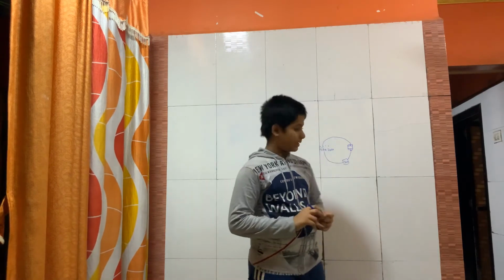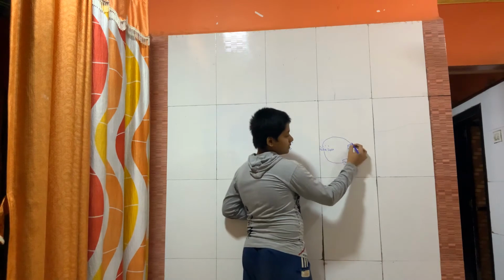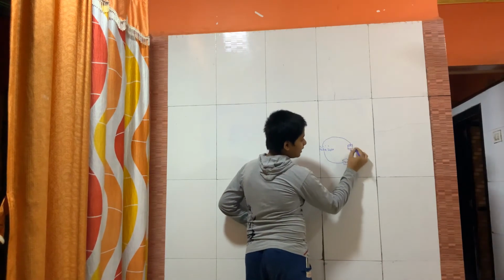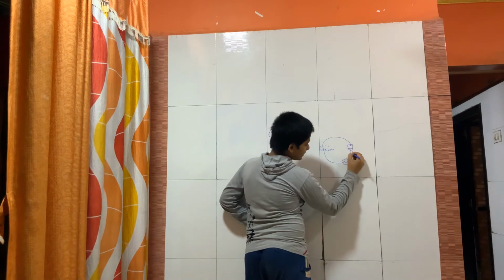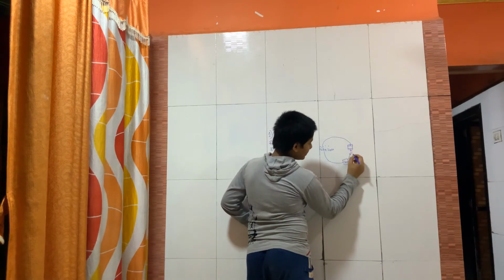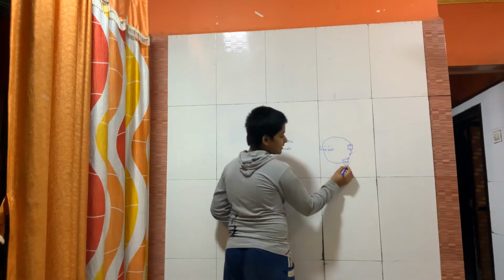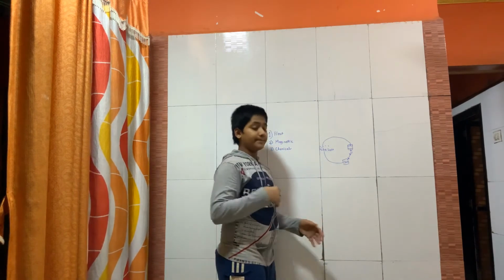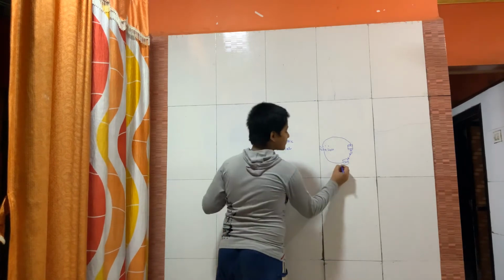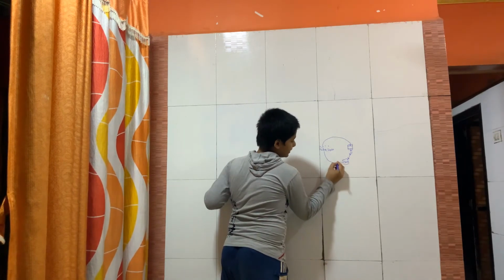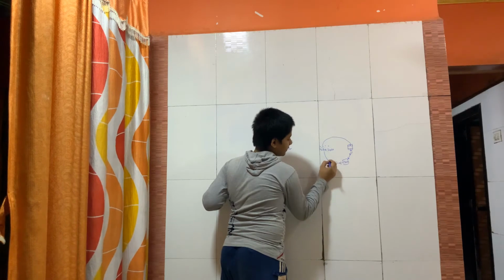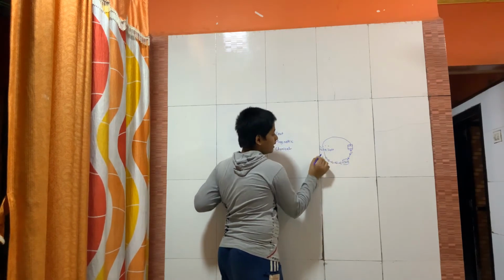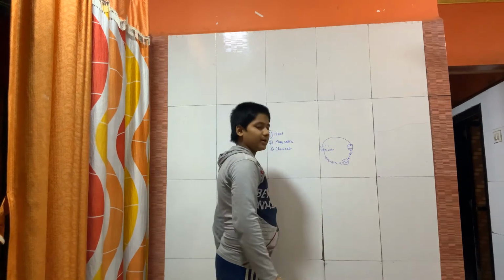And rubber is a bad conductor of electricity. Here the cell is giving the electricity, and this iron is conducting the electricity. The iron conducts electricity and gives it to the tube light through the copper wire, and then the tube light is able to glow.